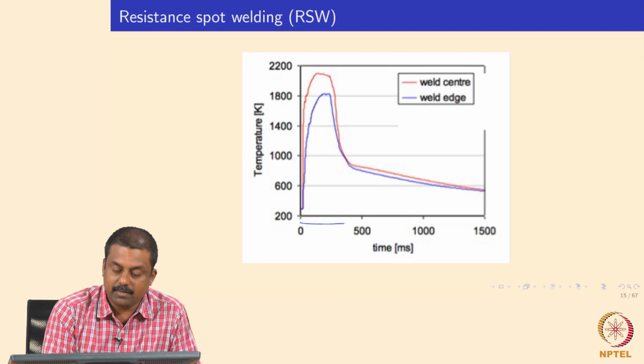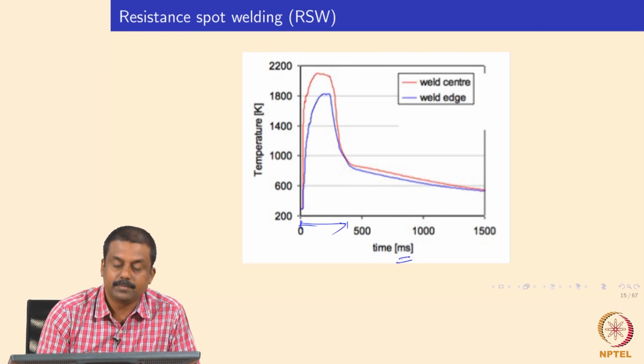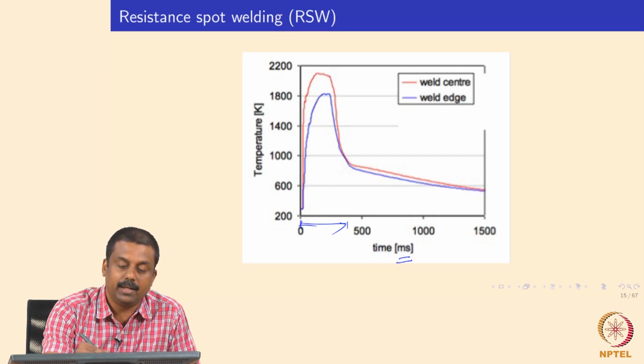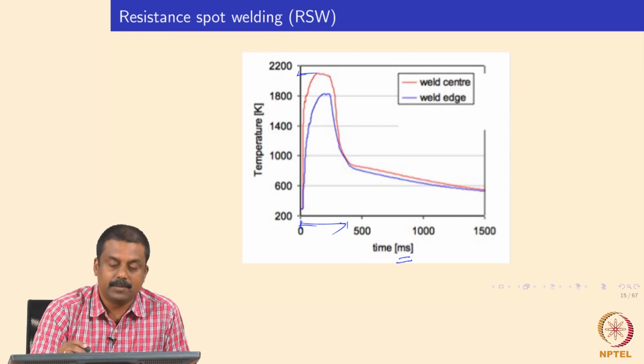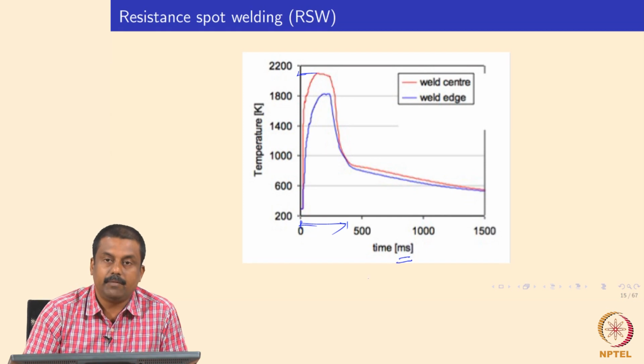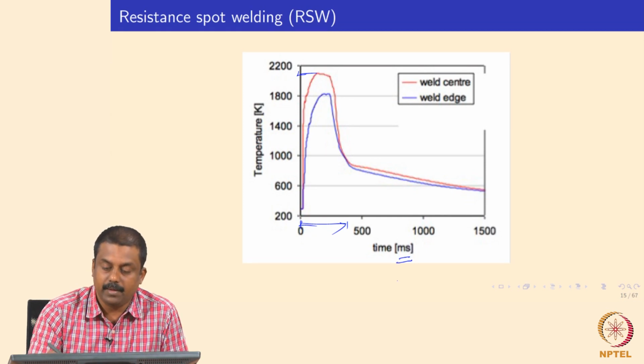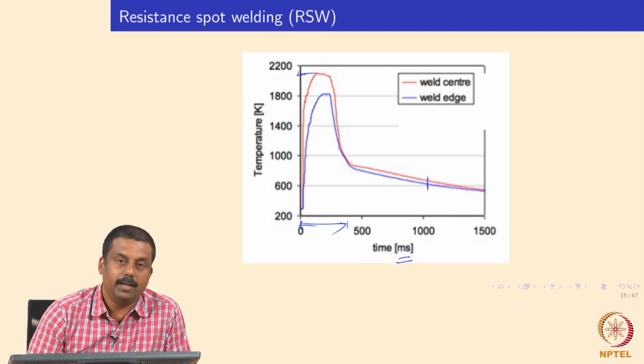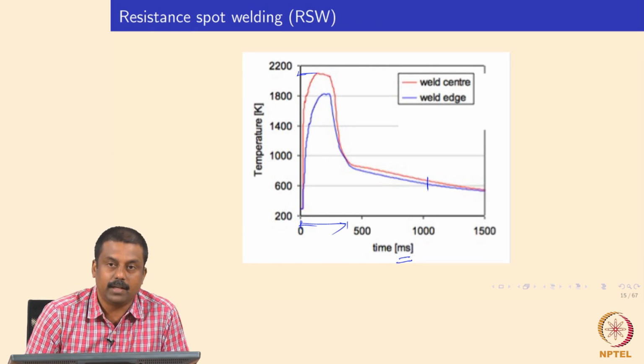The actual thermal cycle lasts not more than 500 milliseconds. Within 500 milliseconds the material is heated to a temperature as high as 2000 Kelvin, around 1700 centigrade, and then cooled to room temperature within a second. That means your cooling rates are roughly about 1000 Kelvin per second.